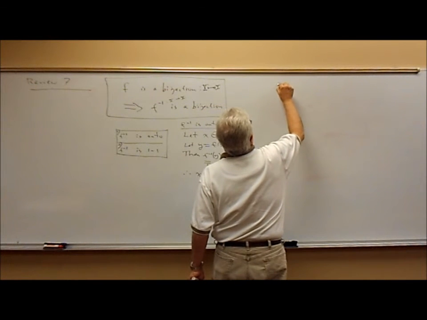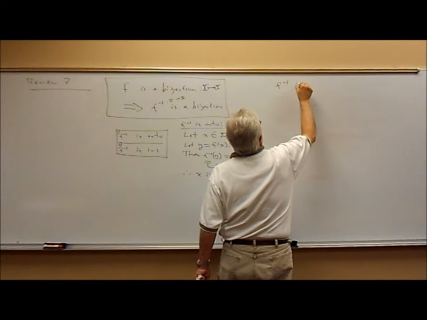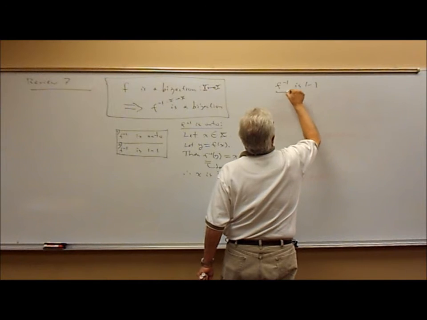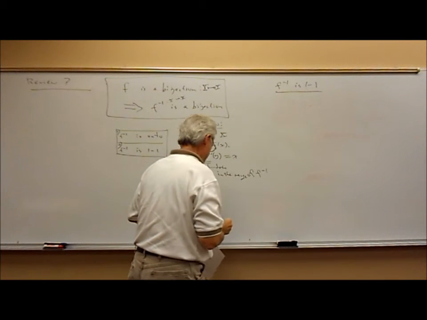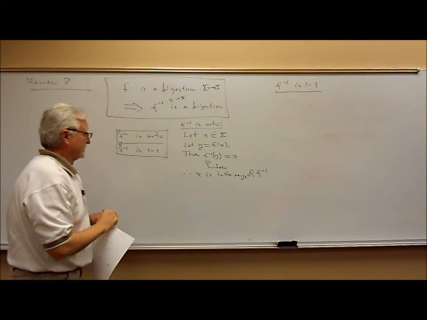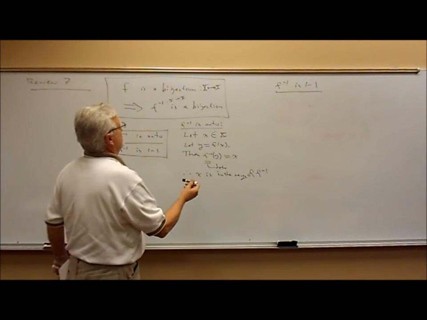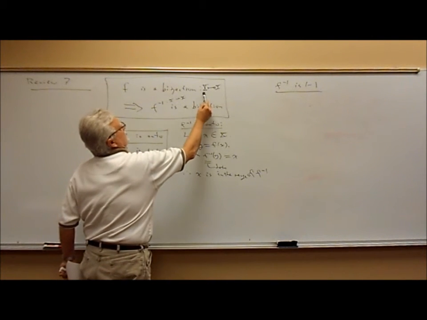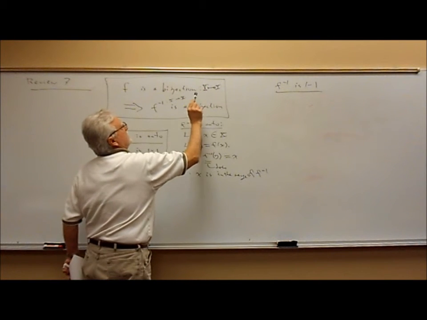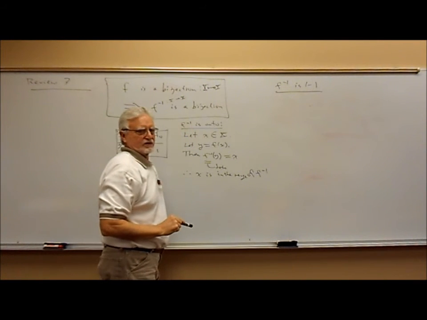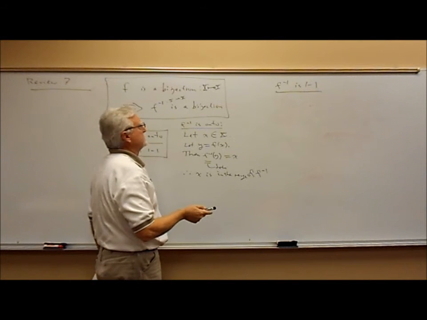Now let's show that F inverse is 1-to-1. So remember, 1-to-1 means that if you take two distinct elements in the domain, they map to distinct elements in the range.